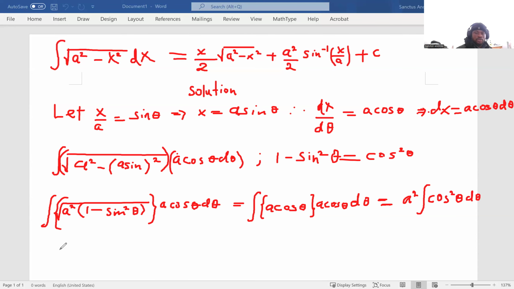And we're going to introduce another trigonometric identity, which says that cos squared theta minus sine squared theta is equal to cos 2 theta.